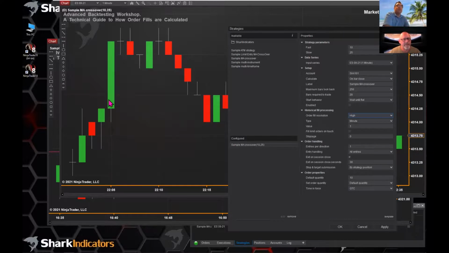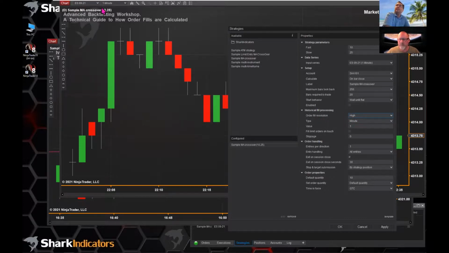How does the platform know which one got hit first? Did price move up and hit your profit target, and then pull back to where your stop loss would have been, but your profit target got hit first? So as a solution to this back testing problem, NinjaTrader 8 came out with this order resolution.